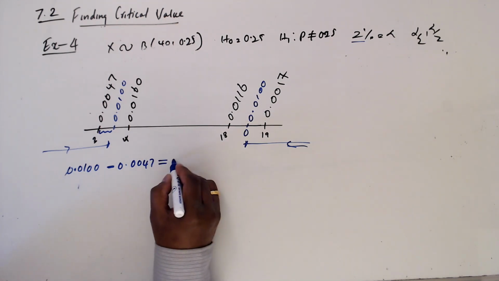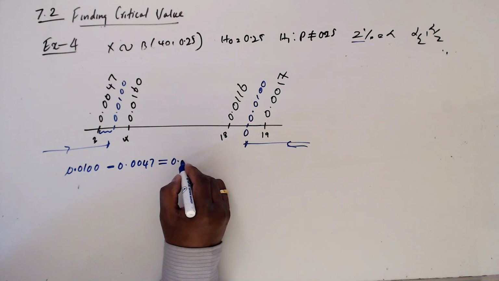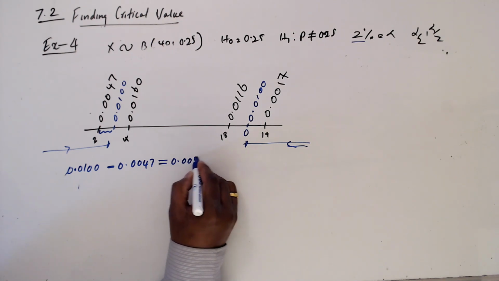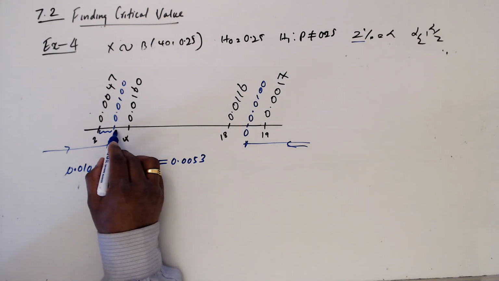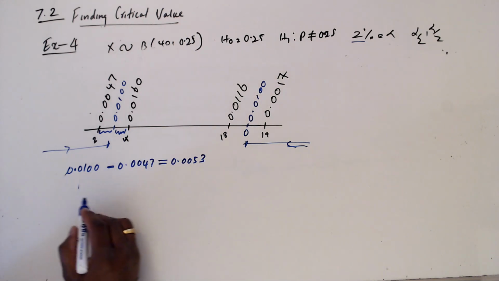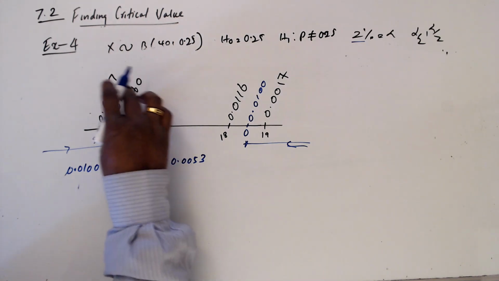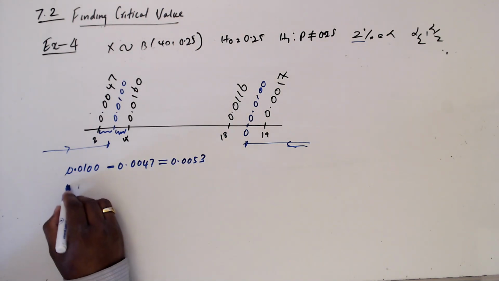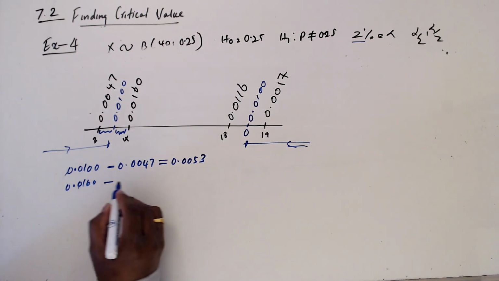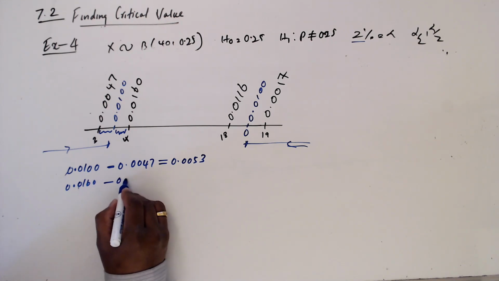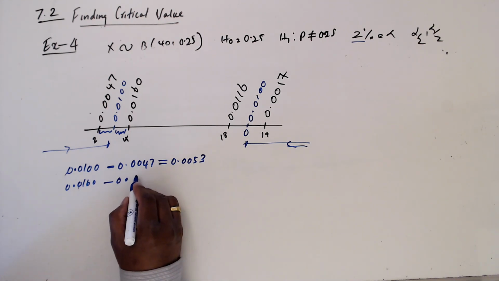So this is going to be 0.0053, and then I'm going to find this distance, from this one minus this one, 0.0160 minus 0.0100.